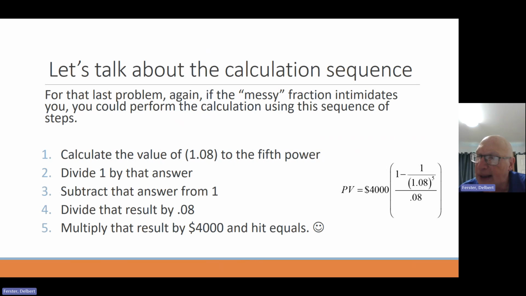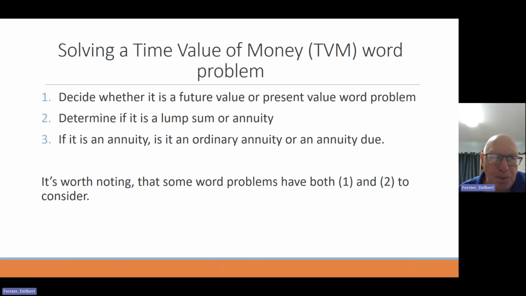If you want to pull it apart bit by bit, that's a process that would let you do it, making good use of the memory capability on your calculator. You don't have to. If you're good with the grouping symbols, you can do that whole thing in a one-shot crunch, and that's what I did on the screen.